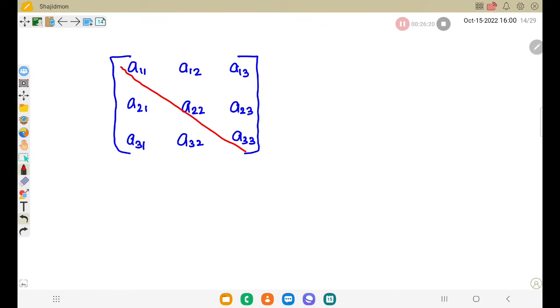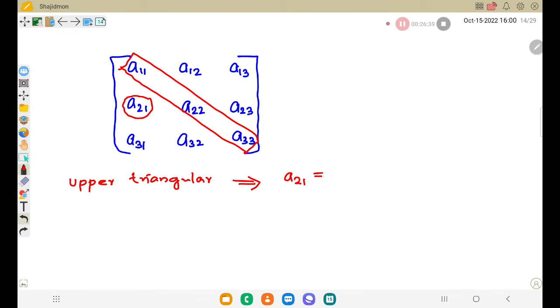You can see these three are the diagonal numbers. Now, for the upper triangular matrix, which numbers are 0 here? Upper triangular means A21 should be 0, A31 equal to 0 and A32 equal to 0. These three numbers, correct?